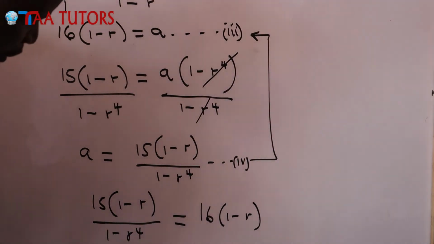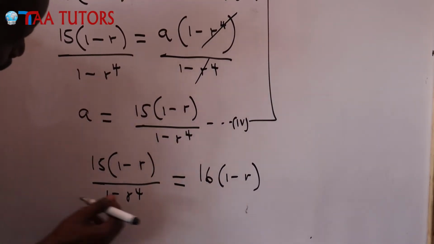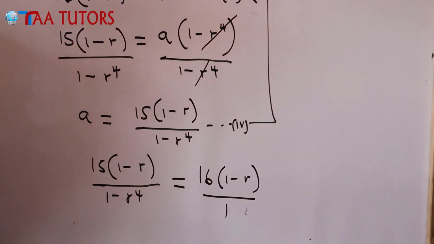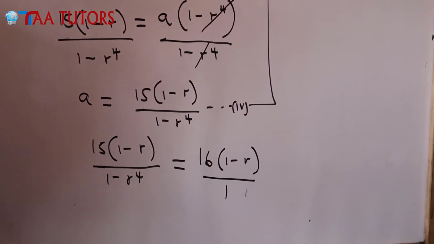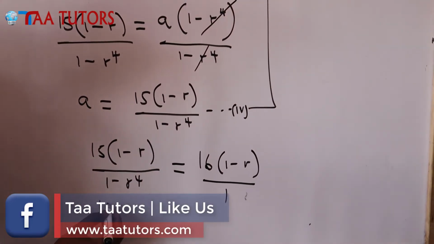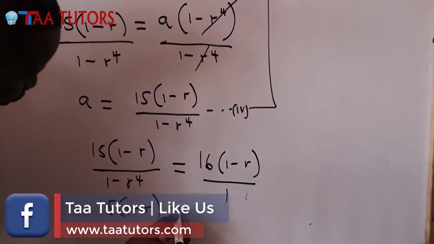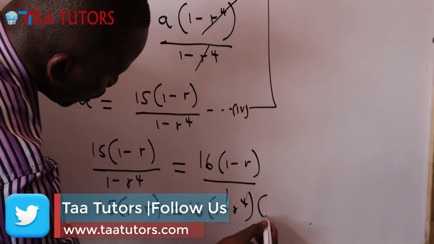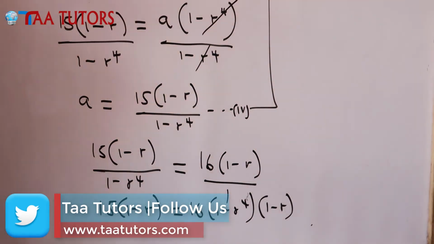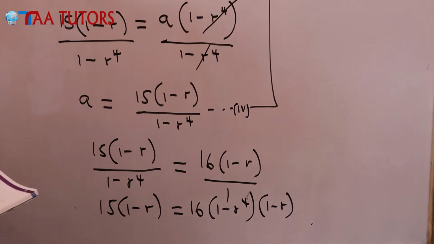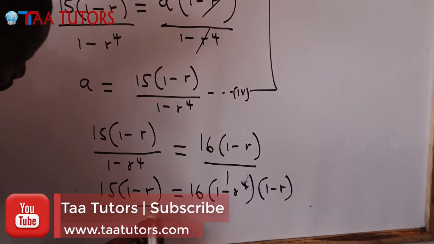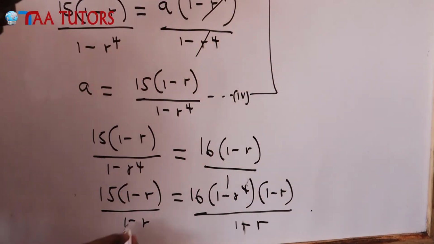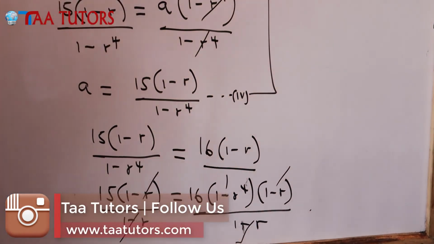Now from here we have to do something. If I divide, no, let me not go there. So if I have here 15 into (1 minus r) equals 16 into (1 minus r)^4 into (1 minus r), so divide by 1 minus r, 1 minus r, 1 minus r will go.